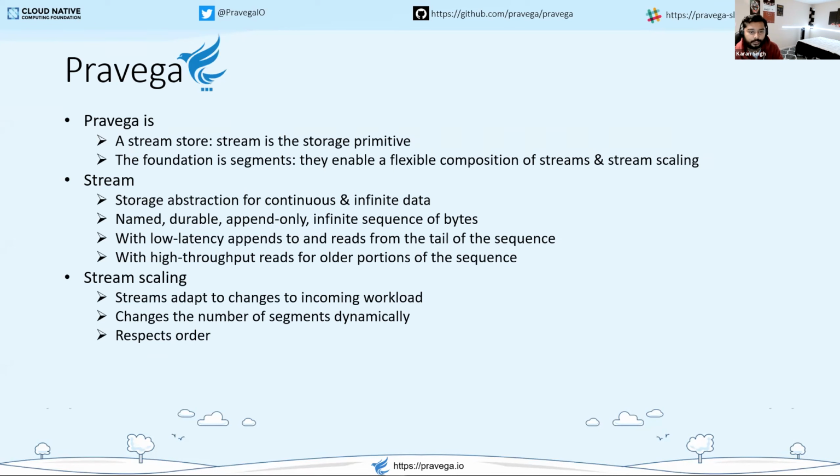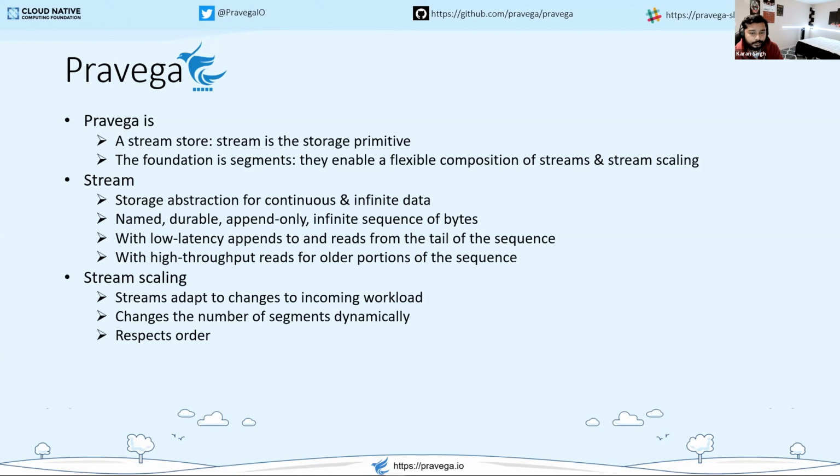As we said earlier, Pravega defines stream as a storage primitive. A stream is a storage abstraction for continuous and infinite data. Some of its properties are that it's named, durable, append only, and can support an infinite sequence of bytes. It has low latency appends to and reads from the tail of the sequence. It also has high throughput reads for older portions of the sequence.